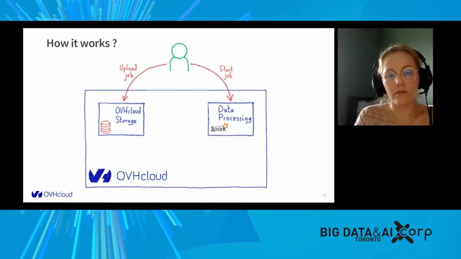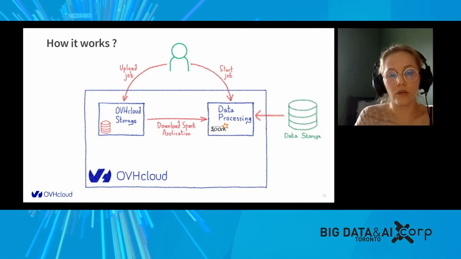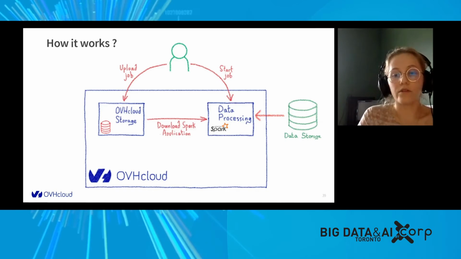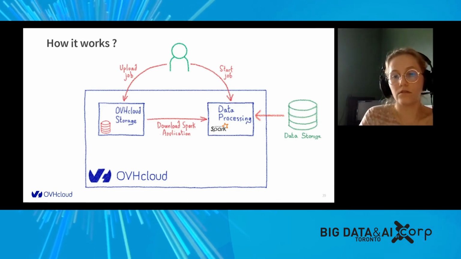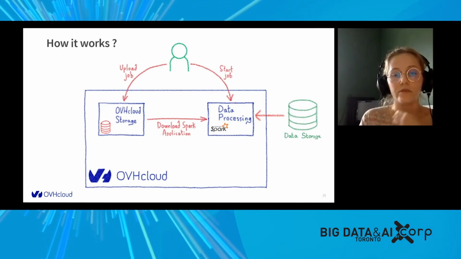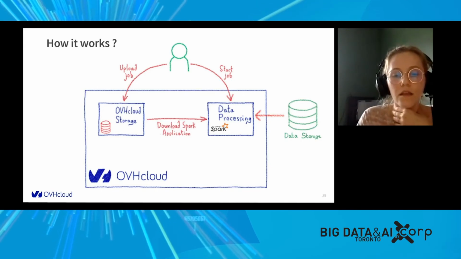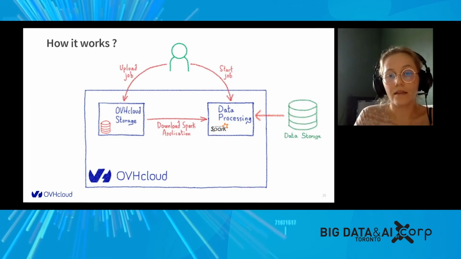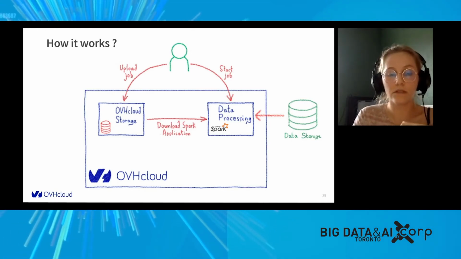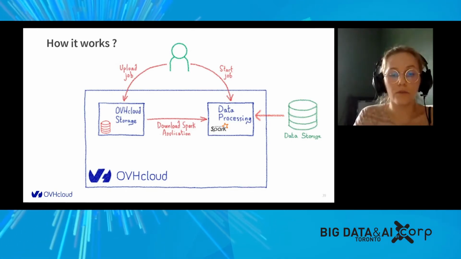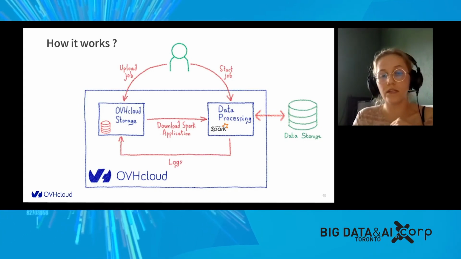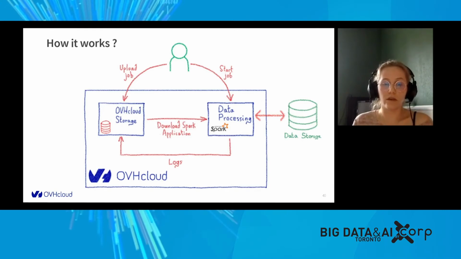Then OVHcloud Data Processing will retrieve your job and your data from the object storage or from another data storage which is compliant with our security rules. Then it will take about a minute to start, and it will process your job. Once it's done, it will upload your logs in the object storage and your results wherever you want.